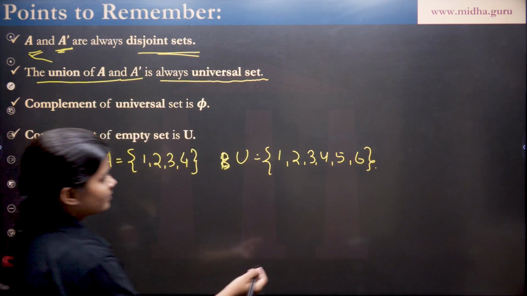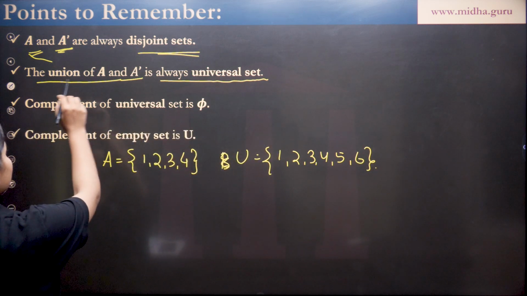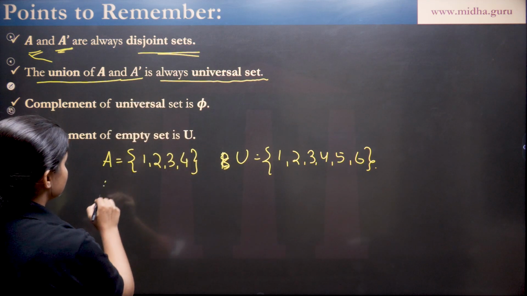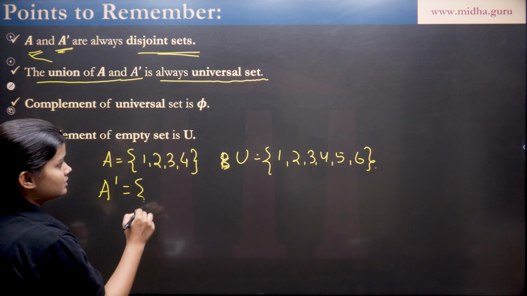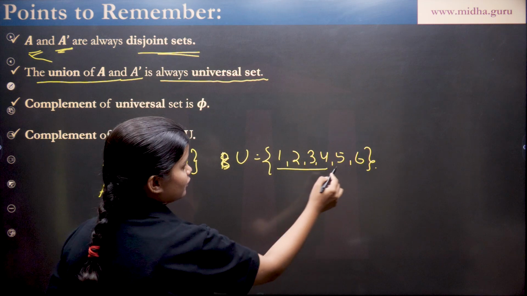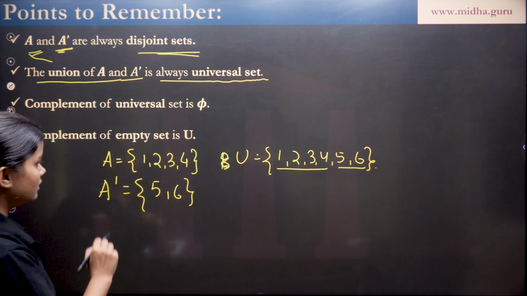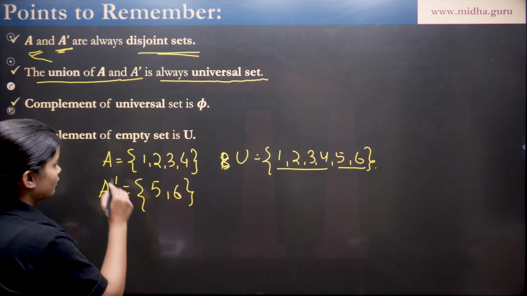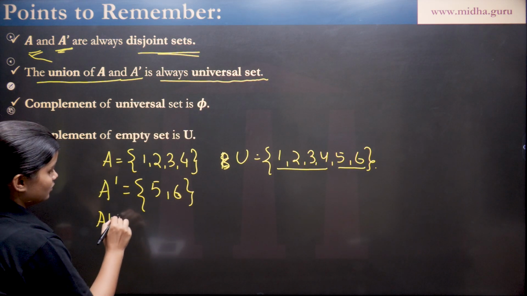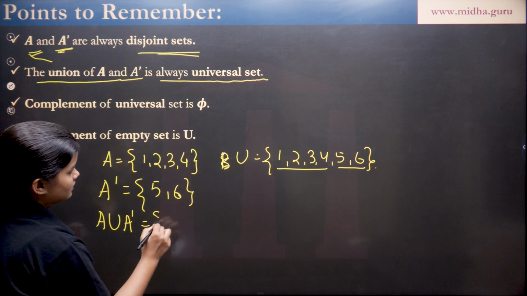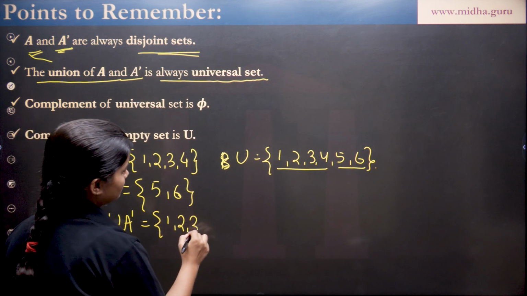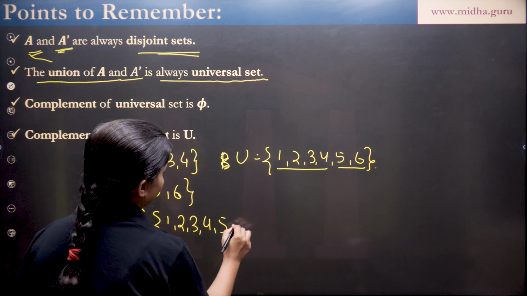So for the union of A and A dash, first we find A dash. Removing these 4 elements from the universal set, we get 5 and 6. Now, on operating union on these two sets, A union A dash is 1, 2, 3, 4, 5, 6.